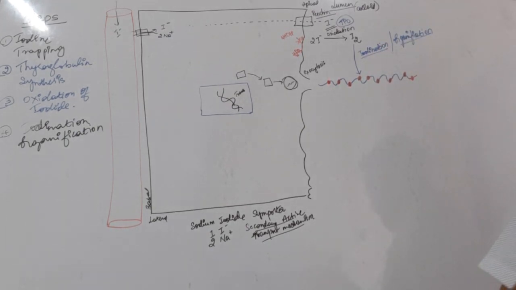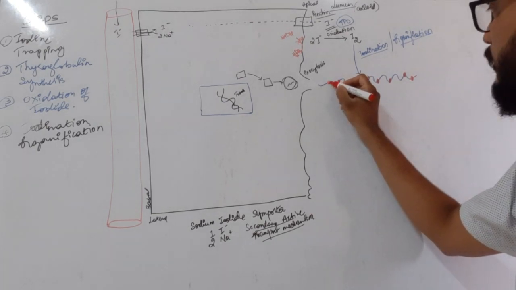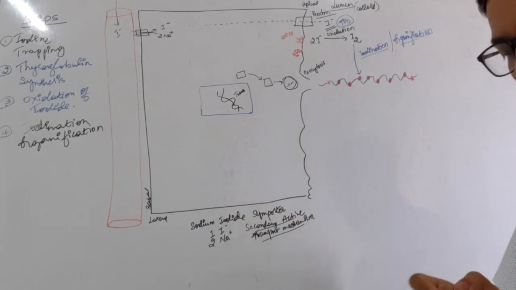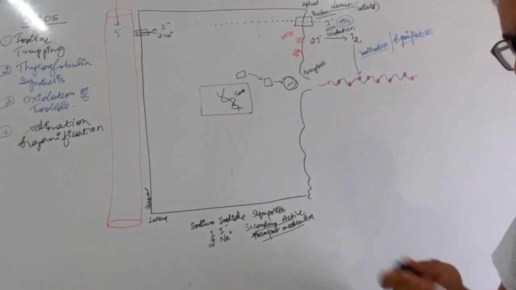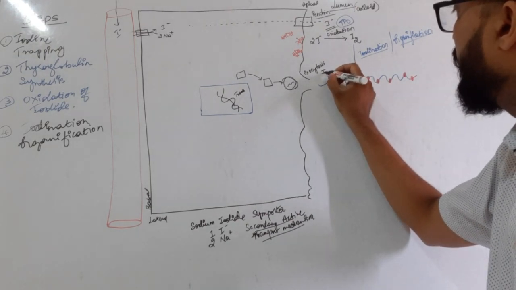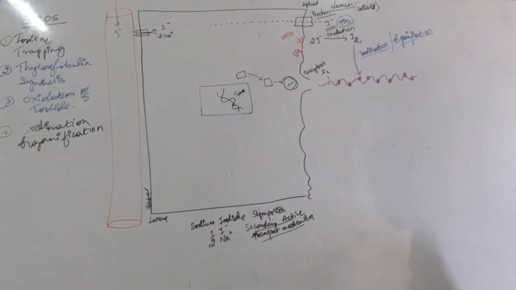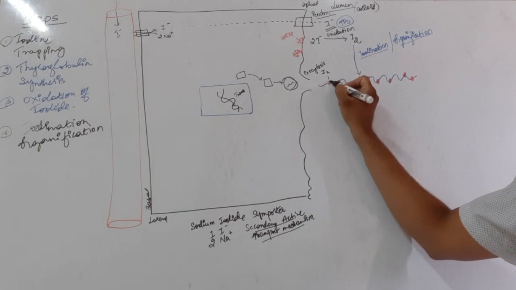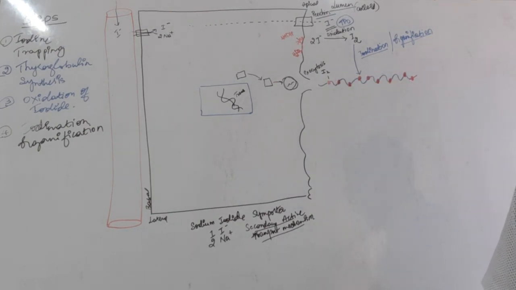Now, for example, if this is one tyrosine residue, it can link with iodine. So here we have one iodine attaching to the tyrosine residue.